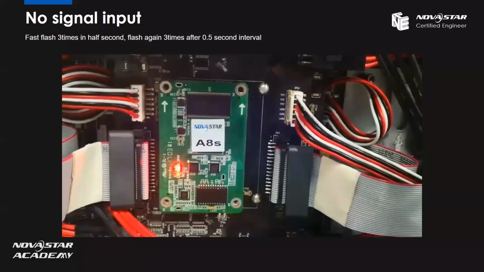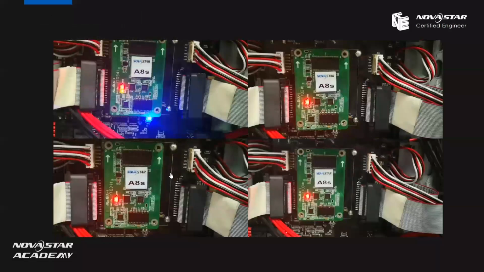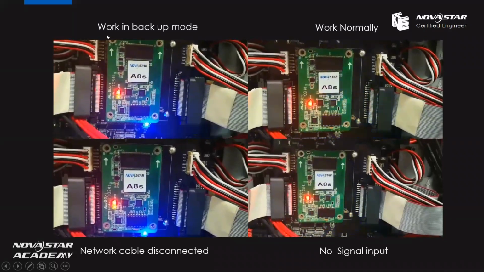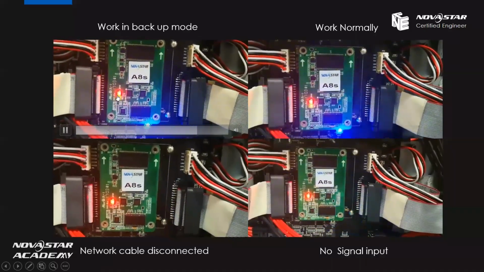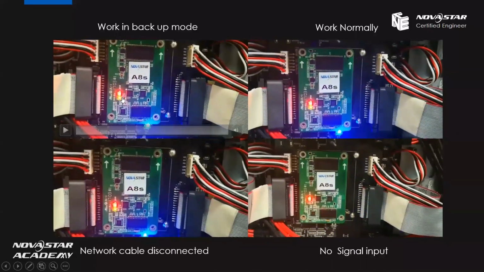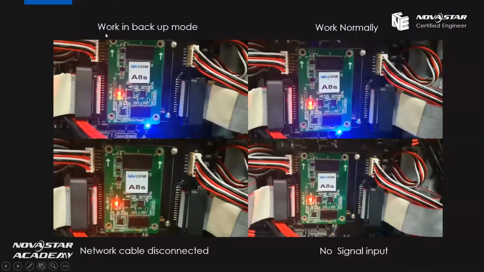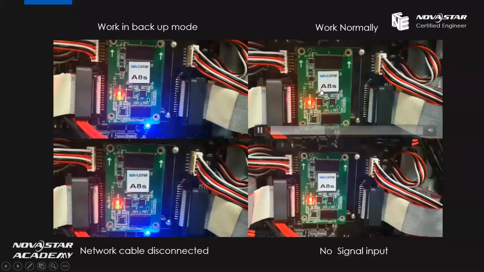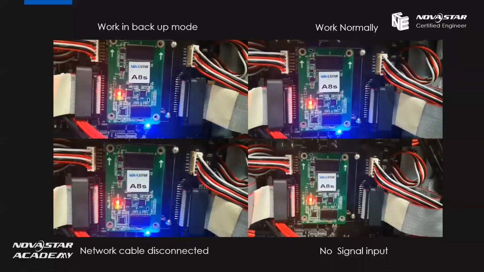Let me do a small summary of the situations I just showed you. The first one, the green light flashes 4 times in half a second, means our receiving card works normally but is in the backup mode. The second, the light flashes once a second, means our receiving card works normally.